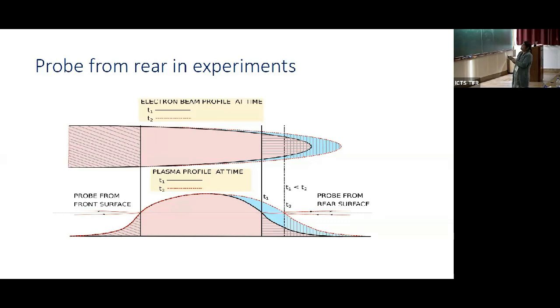So in the experiment, they send the probe beam from the backside. Now it is probing at T1, let's say it will go up to here and probe this particular region. As the beam has evolved, at T2, it will probe this particular region, which is again freshly created plasma and a fresh initial stage of the instability.